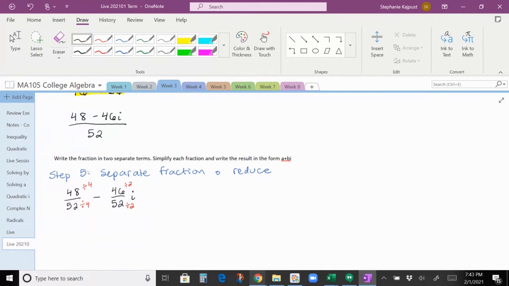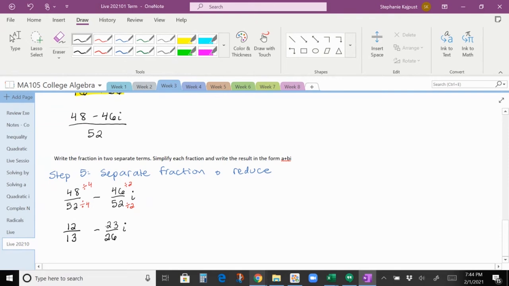So 48 divided by 4 is 12, 52 divided by 4 is 13, 46 divided by 2 is 23, and 52 divided by 2 is 26. And 23 is prime, so it has nothing in common with 26. So neither of these reduce anymore.